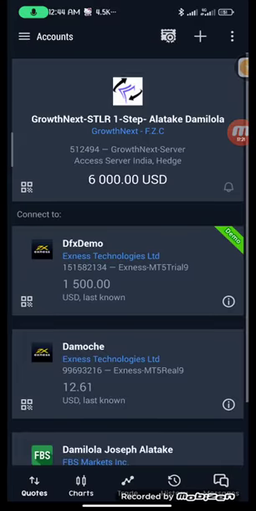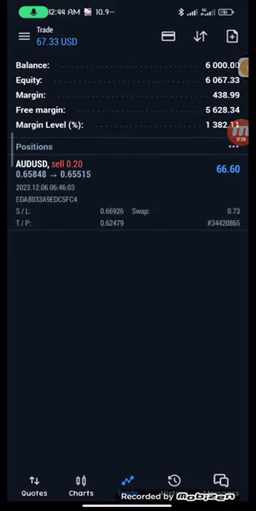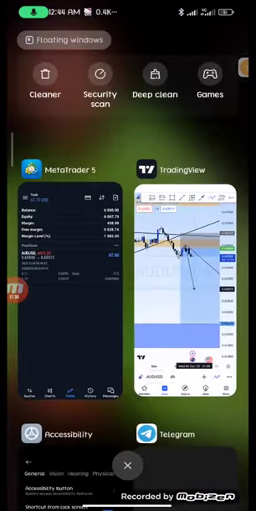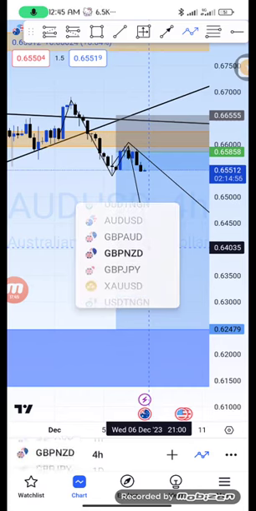As you can see, we have SL here 66926 and TP 62479. So that's for sell limit. Sell limit is the opposite of buy limit, just like this trade now in particular.